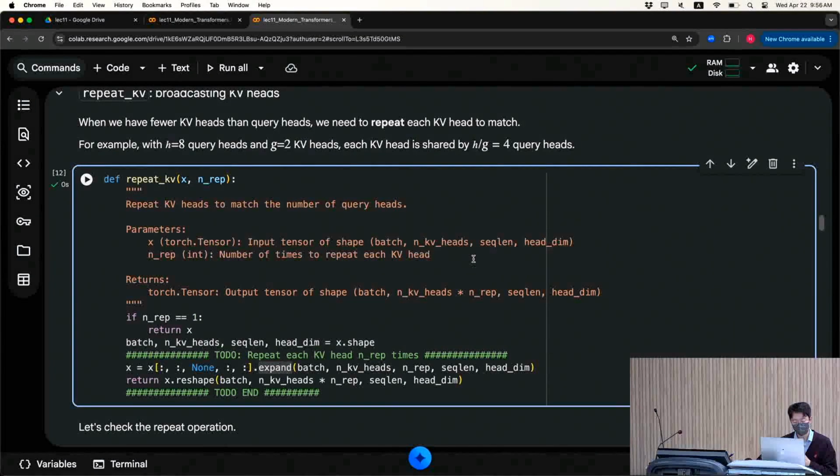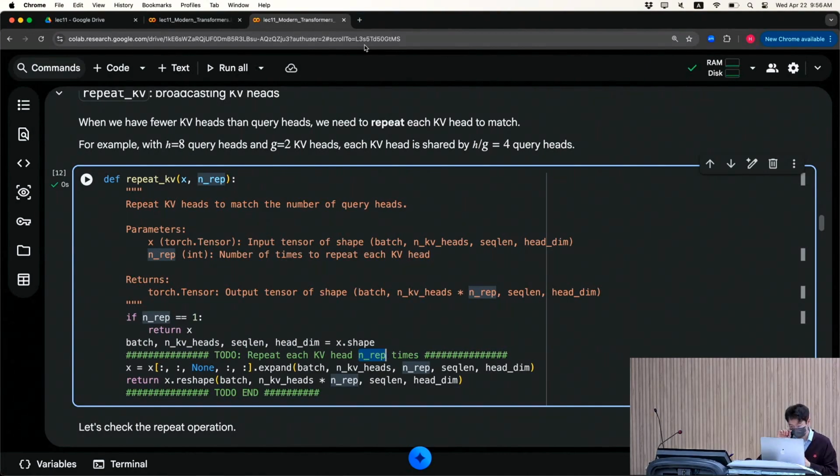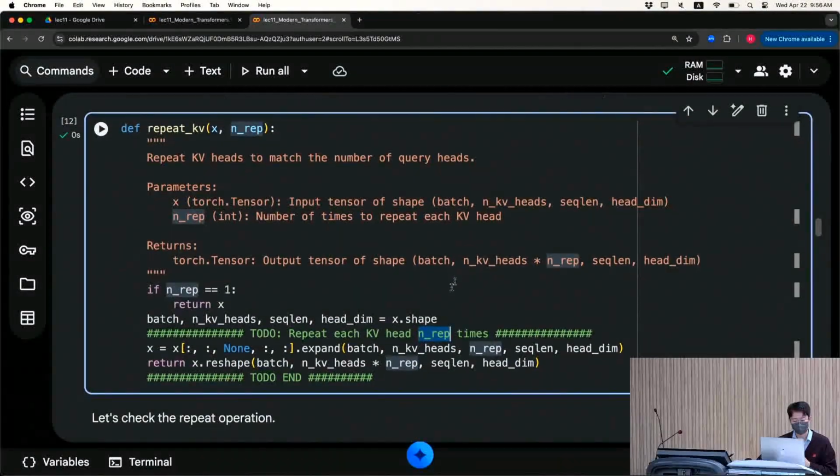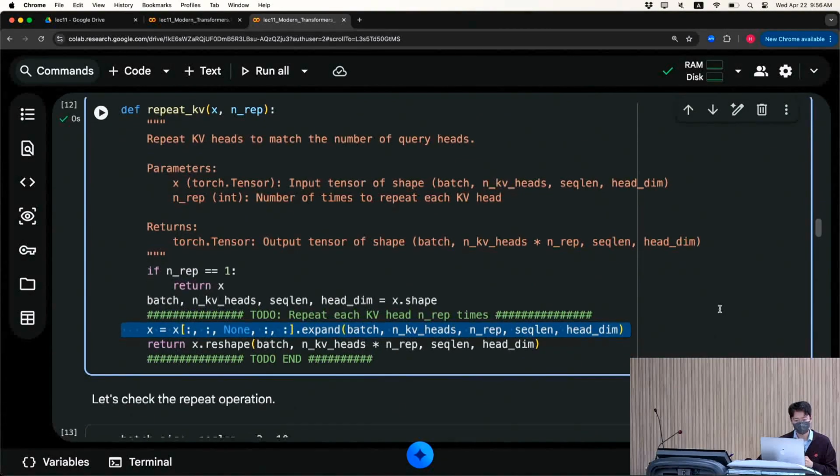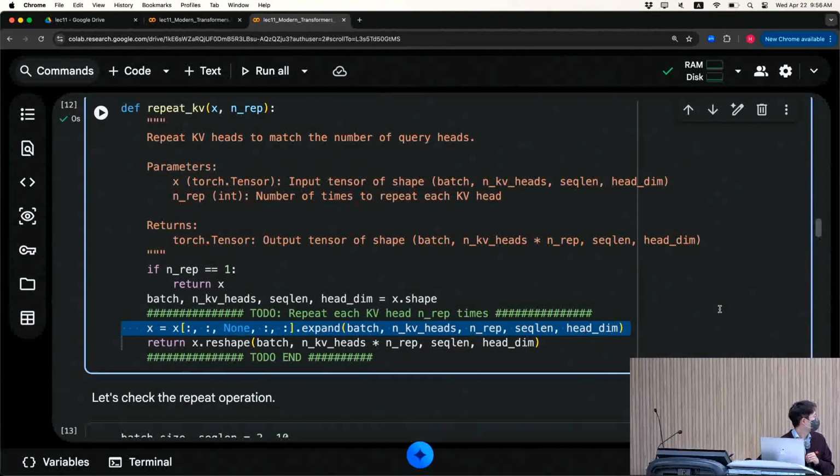So you can repeat each KV head n_rep times. Finished copying?